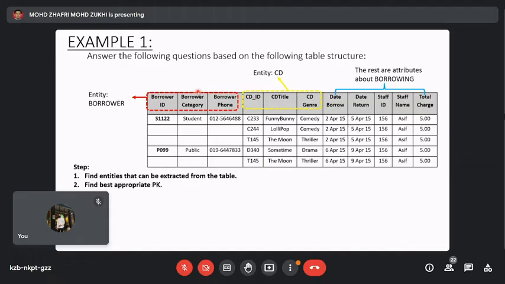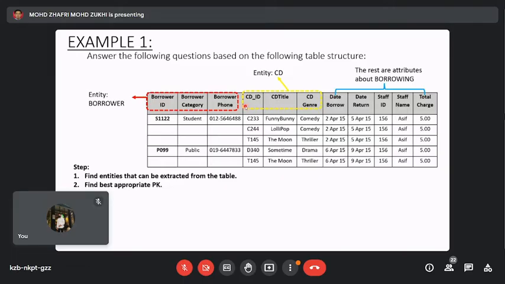Next, find the most appropriate key. From these two entities, what are the best appropriate primary keys? Borrower ID and CD ID. Yes, borrower ID for the borrower entity and CD ID for the CD entity.